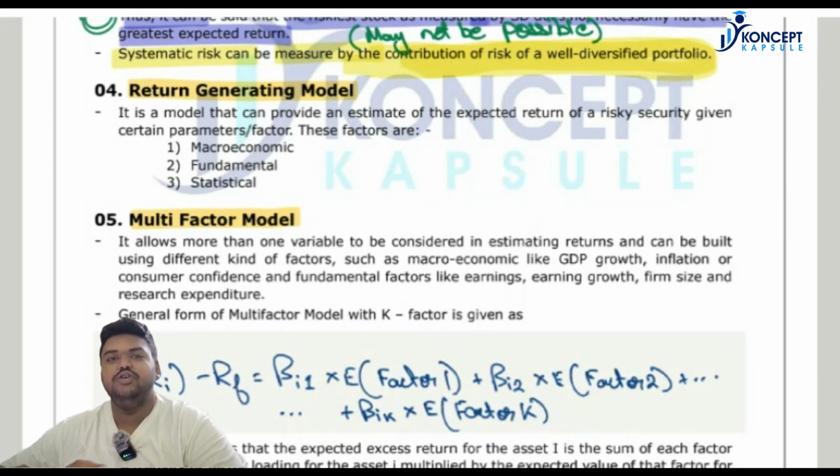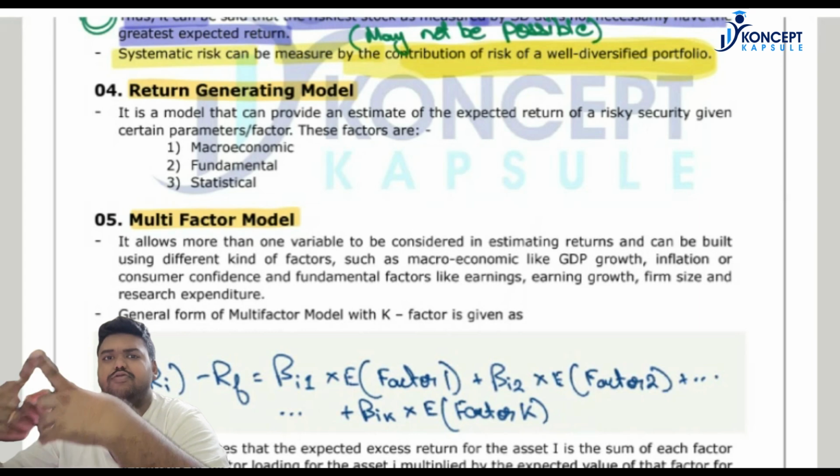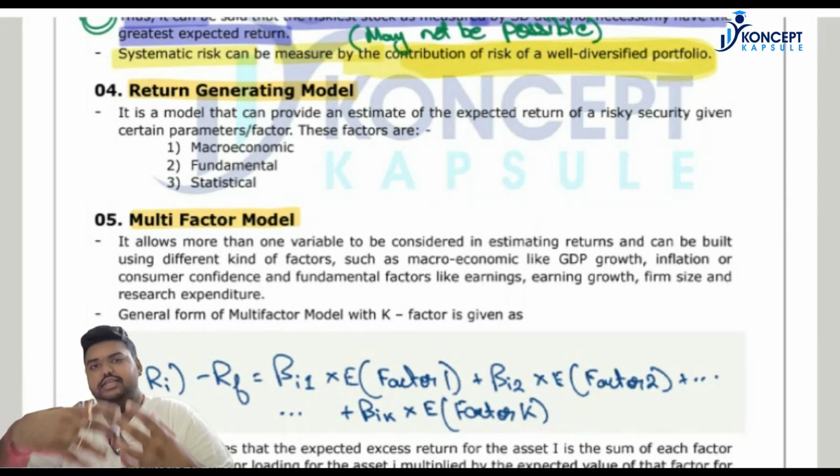Okay, so in risk and return part 2, we have a couple of return models. Some of them are based on total risk, some of them are based on systematic risk. When we talk about total risk, it considers both systematic and unsystematic risk, so we are talking in terms of sigma.